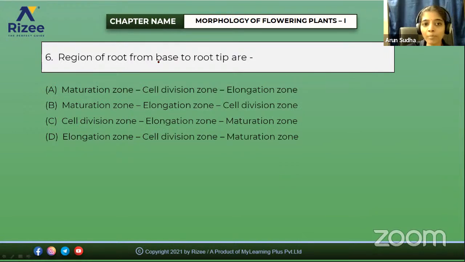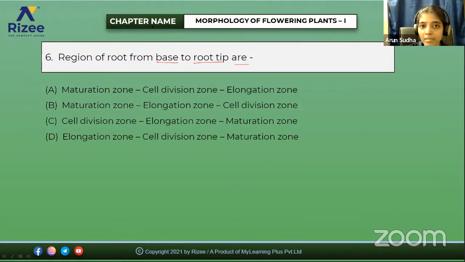Regions of root from base to root tip: either the maturation zone first, then cell division zone, elongation zone; or maturation zone, elongation zone, cell division zone; or cell division zone, elongation zone, maturation zone; or elongation zone, cell division zone, then maturation zone. So what will be the correct answer?